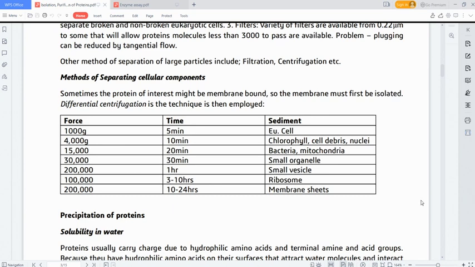It will actually help. So we always make use of differential centrifugation most times. And what is differential centrifugation? It means you're centrifuging at different speeds, so that you can remove the sediment, the filtrate that you don't want.